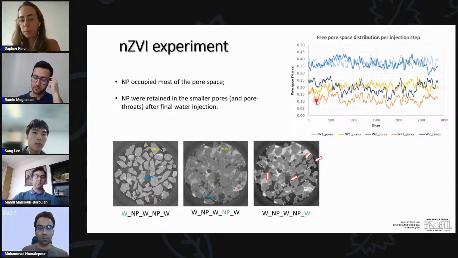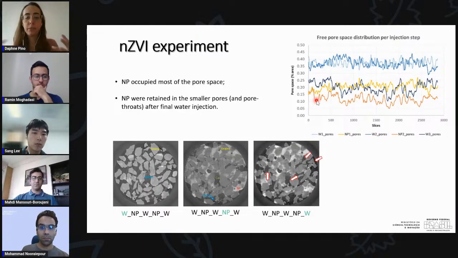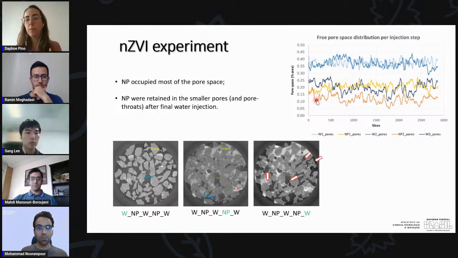And this is very important because when you're doing this in the field, you cannot see this, and you might be clogging your media, your soil, and the nanoparticles that you're injecting might not reach the place that you need to remediate. So this is very important to consider when you're going for a field scale injection experiment.